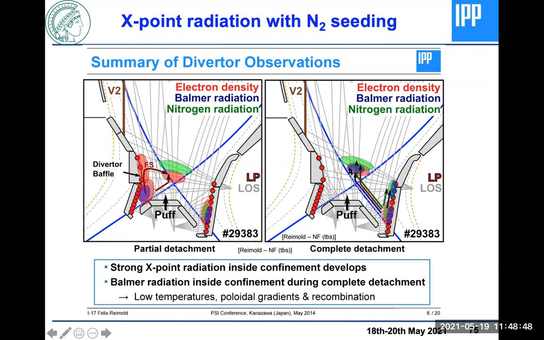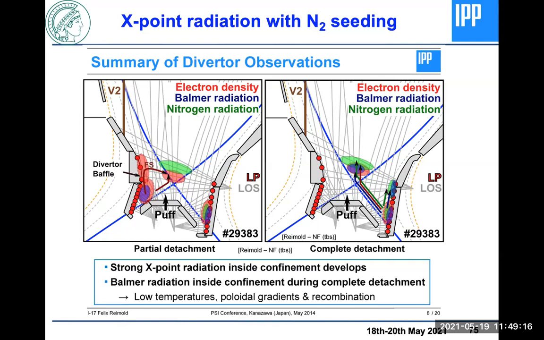What do we end up with? We end up with a plasma. When we see Balmer radiation here, this means that neutrals are being ionized inside the last closed flux surface, which is an indication that the temperature must be of the order of 10 electron volts or below, because otherwise they wouldn't have the chance. If the temperature is very hot, you don't get very high radiation, because you don't need this step-like ionization process anymore.